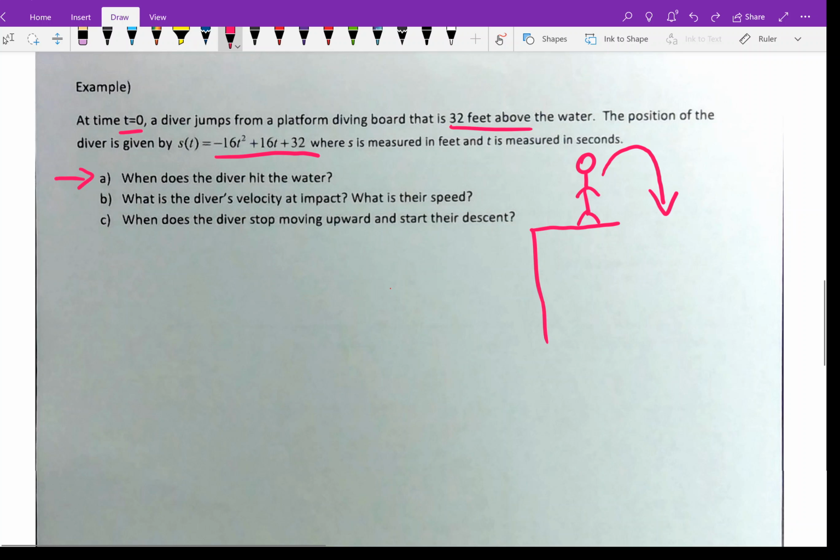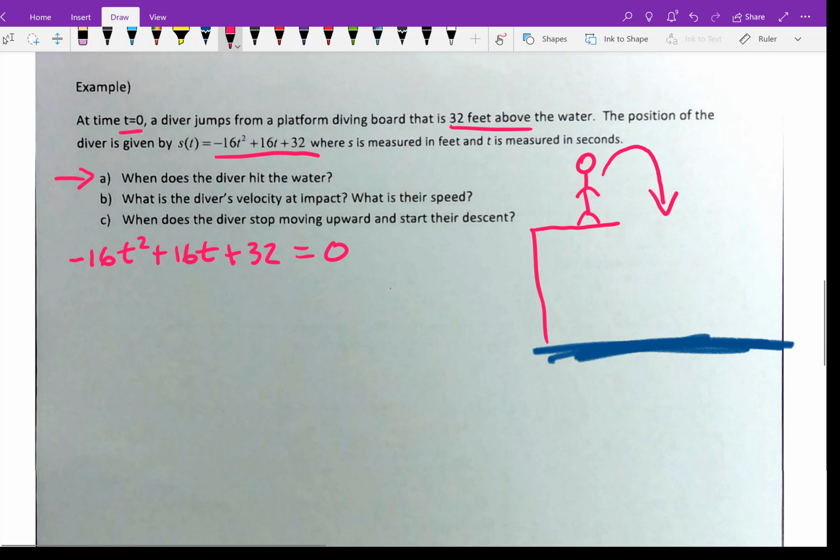Okay, going back to this quadratic, this guy's going to hit the water down there at some point, and we need to figure out when that happens. So I'm going to factor this position formula. I have negative 16t squared plus 16t plus 32, and I'm just going to set that equal to 0.